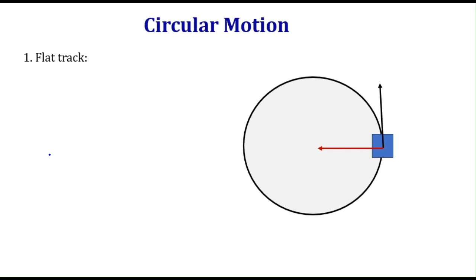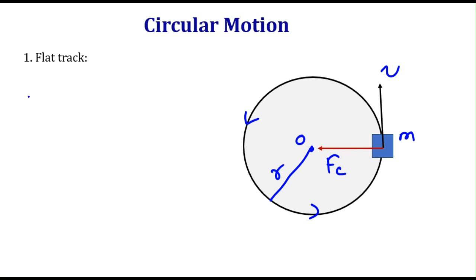Okay, now we are going to discuss the circular motion. So let's say there is a body of mass m moving on a circular track. This is the circular track with center O and radius r. To keep this body moving on the circular track, there should be a force which is centripetal force, and this force is perpendicular to this velocity and towards the center of this circular track.